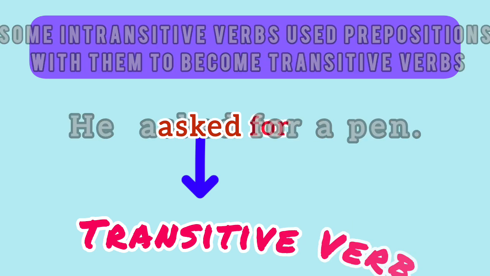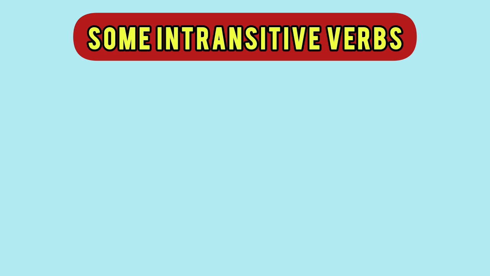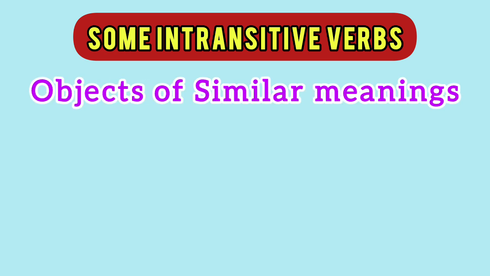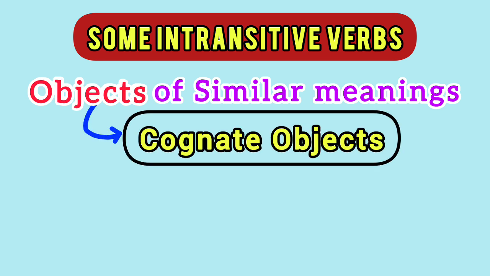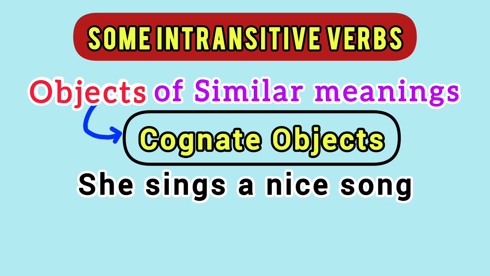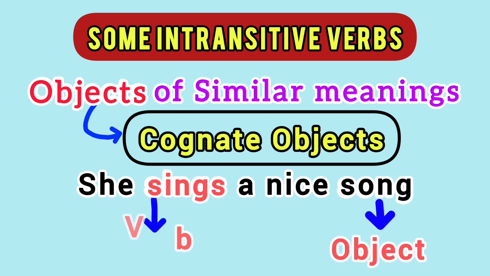Next, some intransitive verbs use an object of similar meaning after them, and these objects are called cognate objects. For example, she sings a nice song. Here, song is the object, and the verb sings has a somewhat similar meaning. So, this way, the object song is a cognate object.